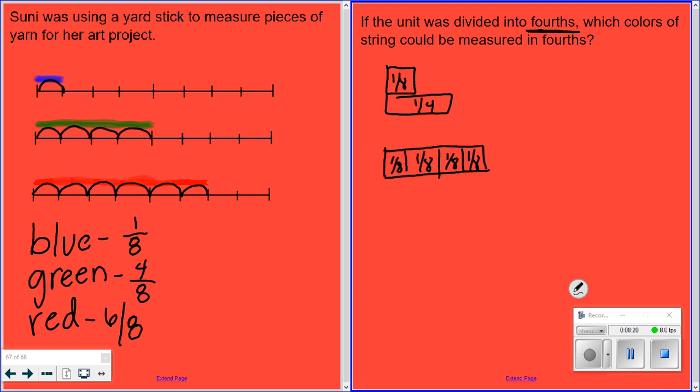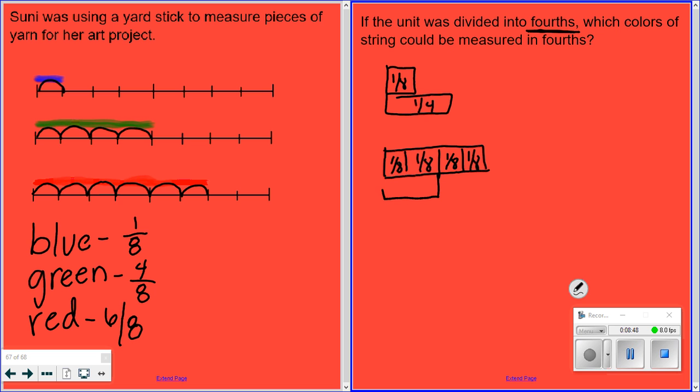Can I count that using fourth pieces? Put your fourth pieces, measure them. Can you count 4 1/8 pieces using your 1/4 pieces? Braden, what do you think? How many 1/4 pieces did it take you? 2.